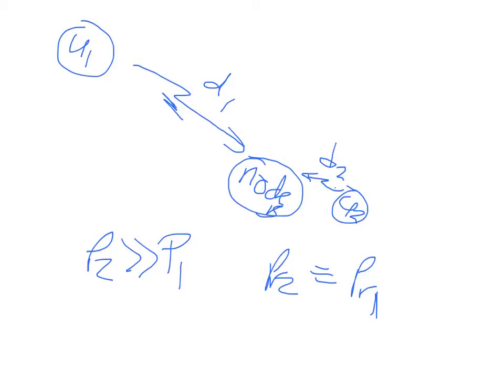Now obviously these users do move because they're mobile nodes, so if user 2 decided to travel away from node B, so the distance is getting larger, node B would be telling that user to increase their transmission power, and consequently if user 1 was moving towards node B, then it would be told to reduce the transmission power.